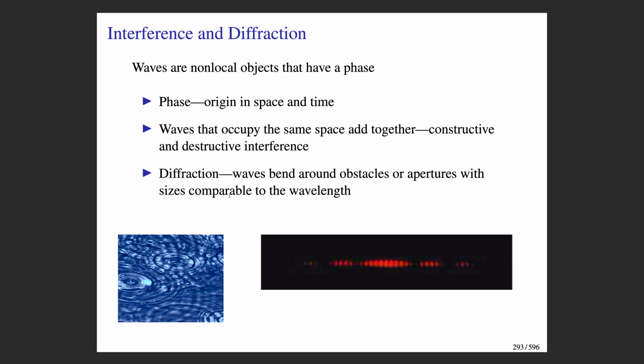Whenever you put two waves that have their own phases in the same region of space, the amplitudes of the waves add together. They can add together constructively, which will reinforce and amplify the amplitude of the wave, or they can add together destructively such that the amplitudes cancel out.